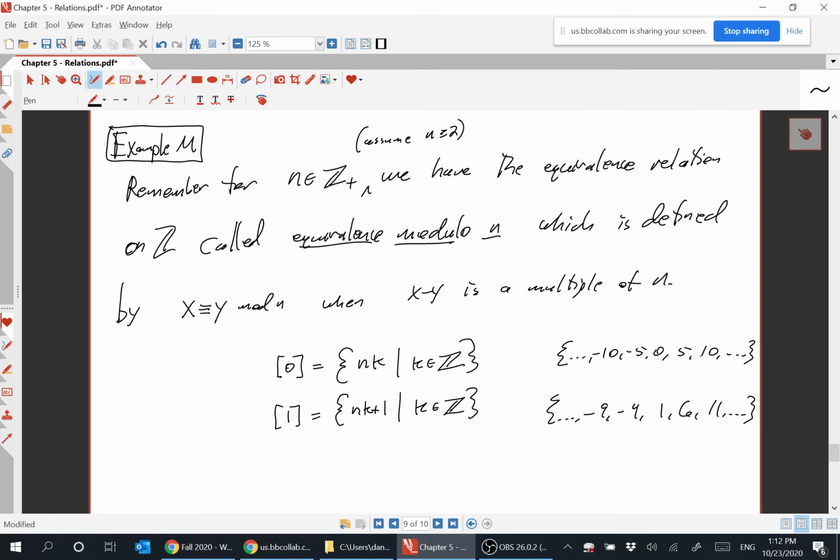So you'll notice that 2 isn't there. So bracket 2 is going to be equal to, well, what do you think it's going to be? nk plus 2.